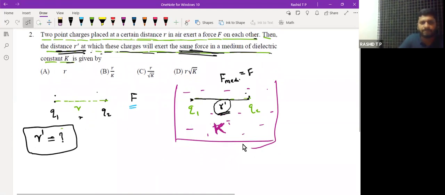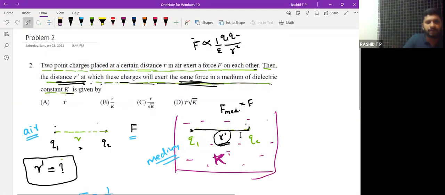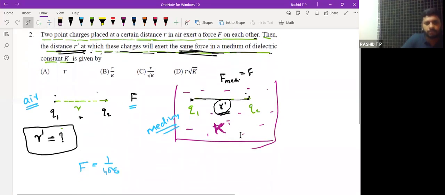When kept in the air, this is the case of air, and this is the case in the medium. When kept in the air, the force between the two is 1 by 4 pi epsilon 0 Q1 Q2 divided by r square, since the charges are the same. This is in air.